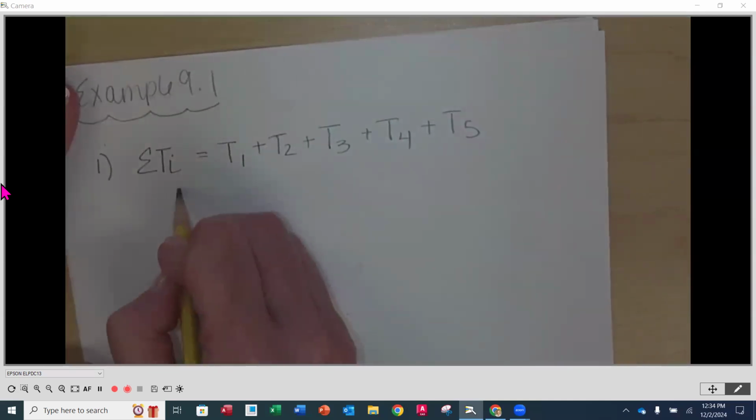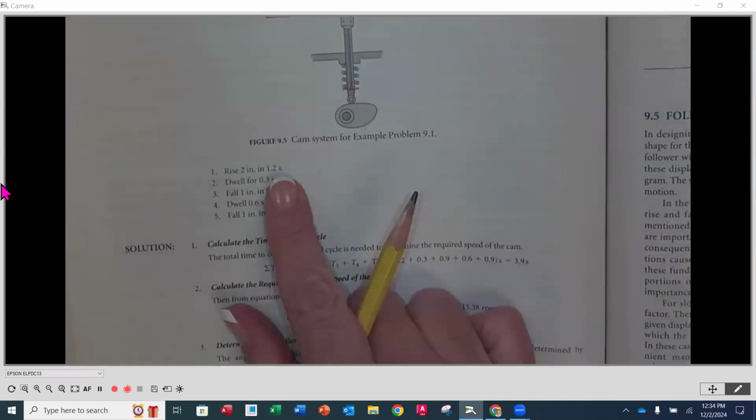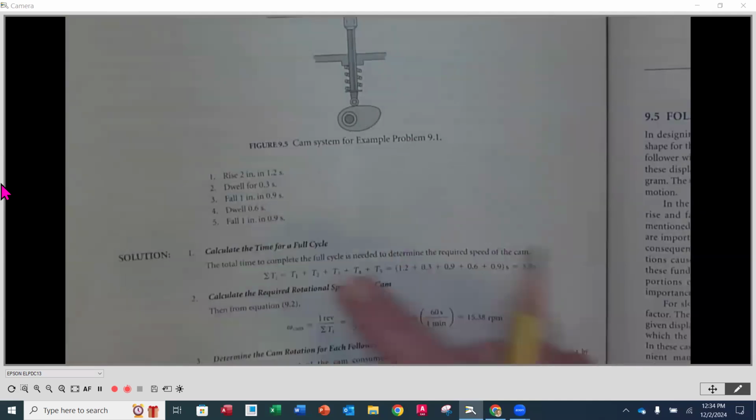So my total time: my T1, if we look, is how much time we have to rise those 2 inches. That's going to be 1.2. Our T2 is going to be 0.3, and so on for each one of these.